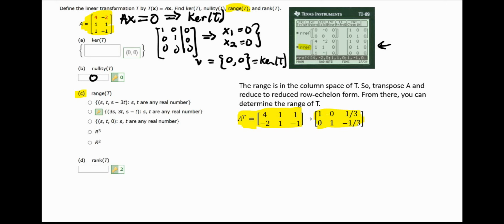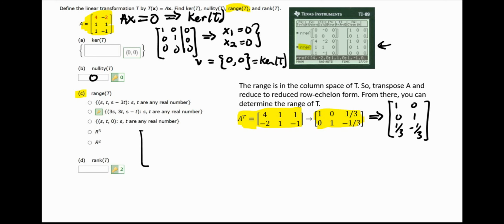Now, I'm going to go back and just write it back the way it should be, and that is we have 1 0 1/3, 0 1 negative 1/3. Okay. So here we're trying to find the range of T. Now the range is in the column space. Now notice here that in matrix multiplication, the range is the result, right?